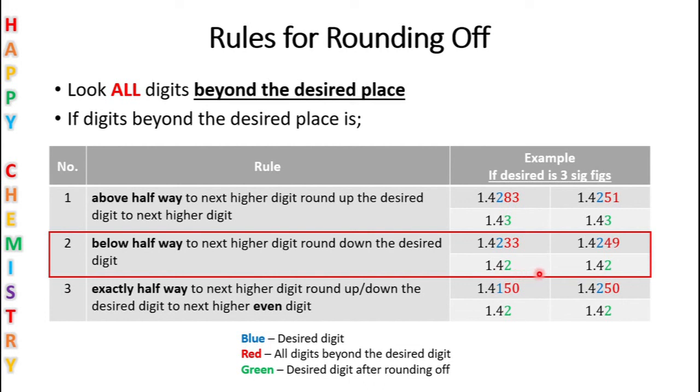The second example is 1.4249. The digits beyond the desired place are 49 and below halfway. Therefore, round down the desired digit and keep it as it is. The final answer would be 1.42.